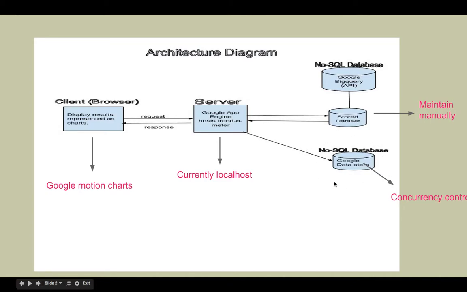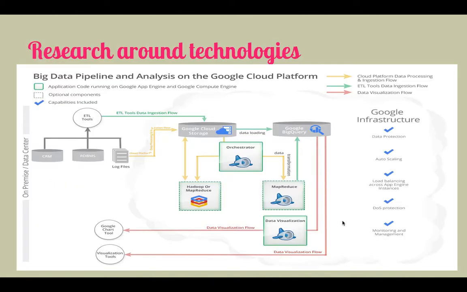We'll see why this Google data store is used in a minute. And this has to be maintained manually. You have to manually get data from here, and it's saved in tables right here, so that's not automated as of yet. Let's go to the next slide.